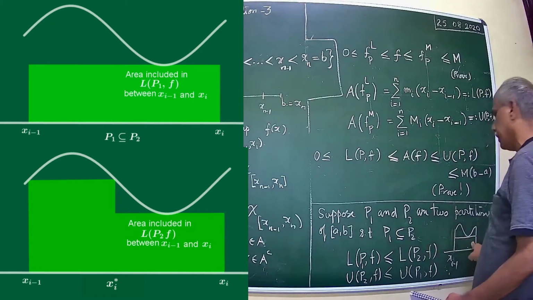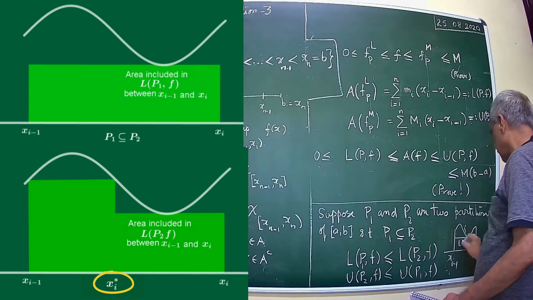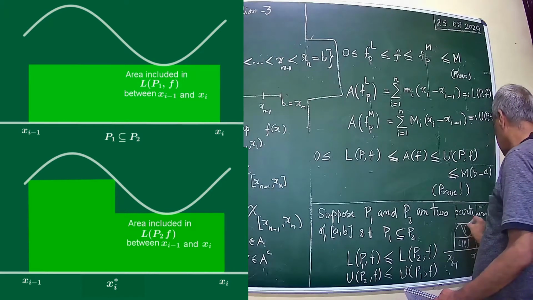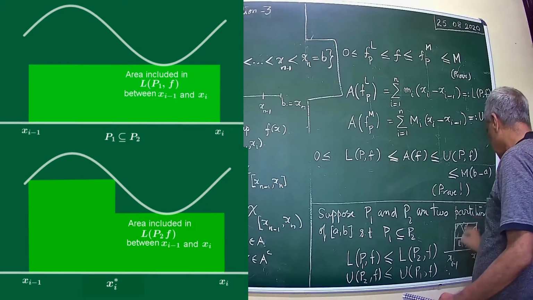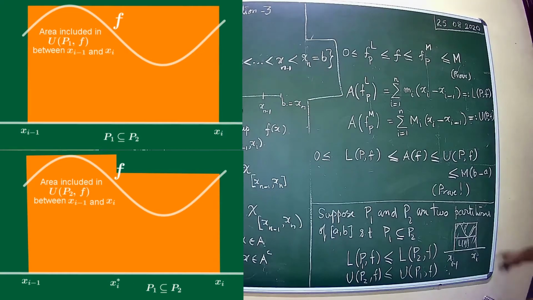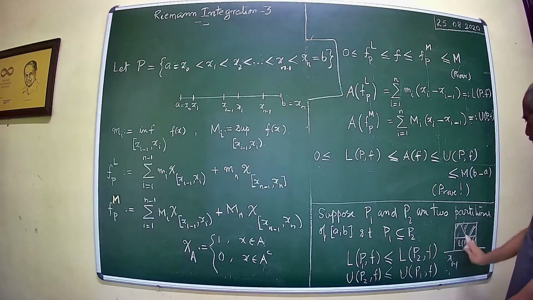Then this is L(P). And this area is U(P,F). So you have an L(P,F), you have a U(P,F), and the actual area is squeezed between the two.